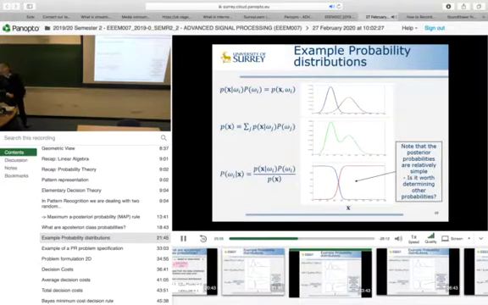And if we want to find the biggest P of omega I given x, one trick that we can use already is that the P of x's are going to be the same for both sides. So actually all we care about is the top part.